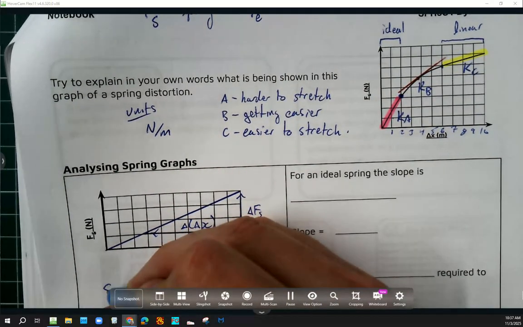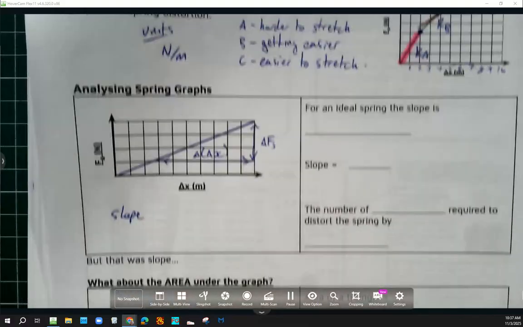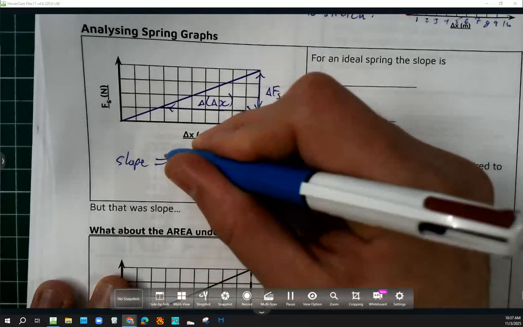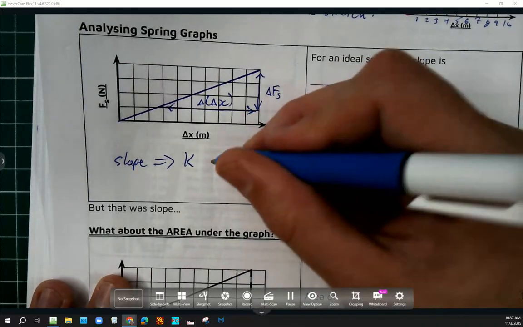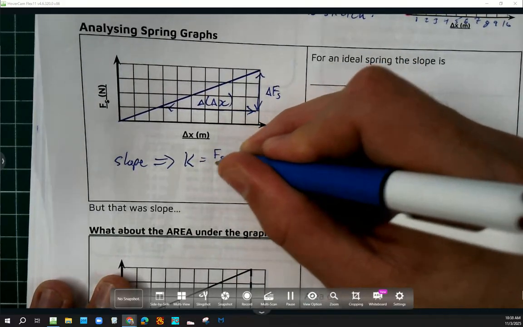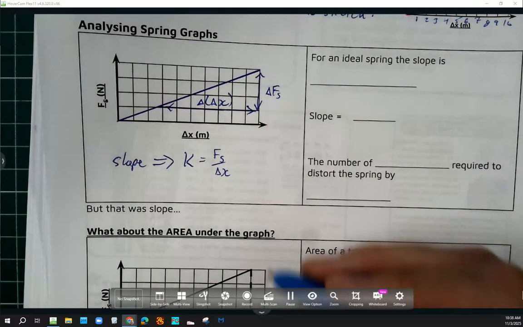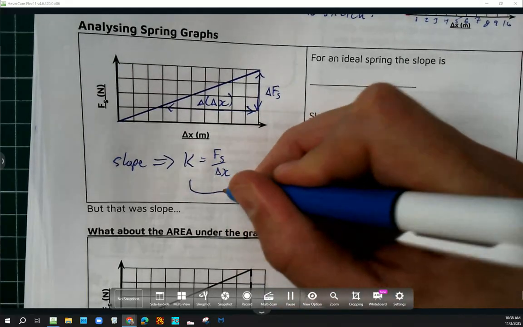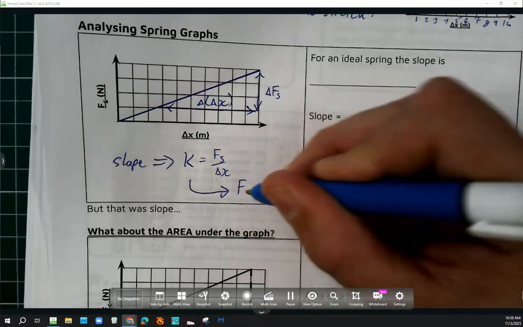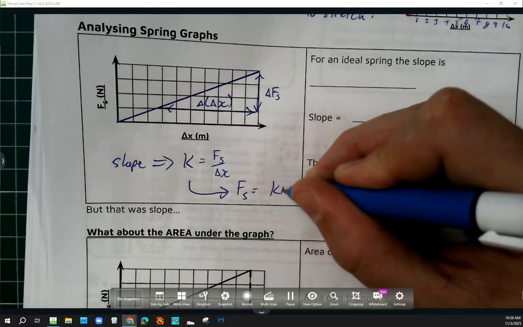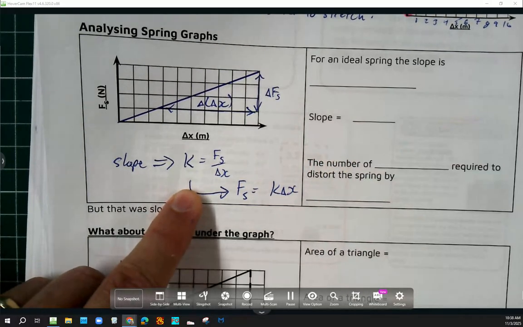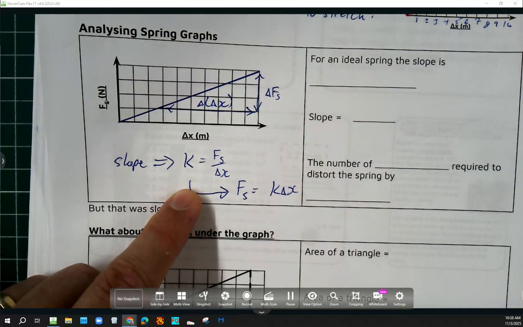So our slope ends up being what we're calling K, the elastic coefficient, Fs over delta x. And what we said earlier is that K figures into the linear equation Fs equals K times delta x. Really, we're just rearranging this slope ratio.